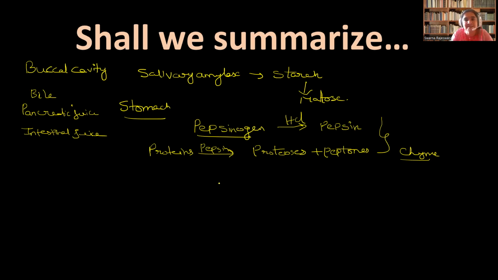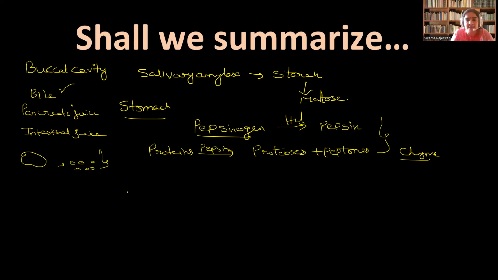Along with that, there are other substances which are not yet digested. Now, coming to bile juice. We know that bile juice contains bile salts as well as bile pigments, which act on fats, converting the large fat droplets into small globules, which we call emulsification of fats, but digestion of fats is not taking place.